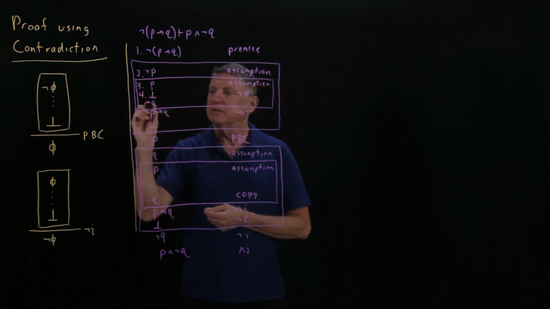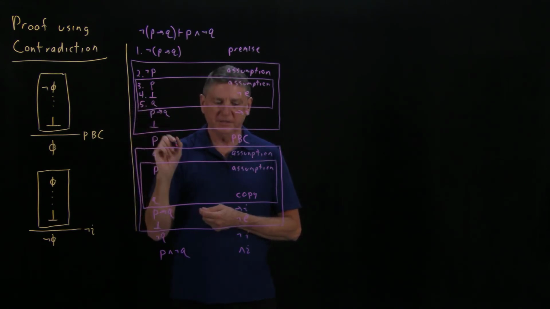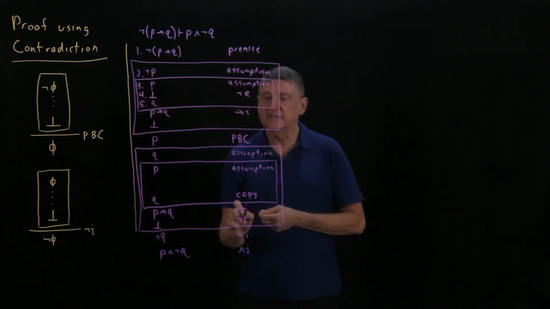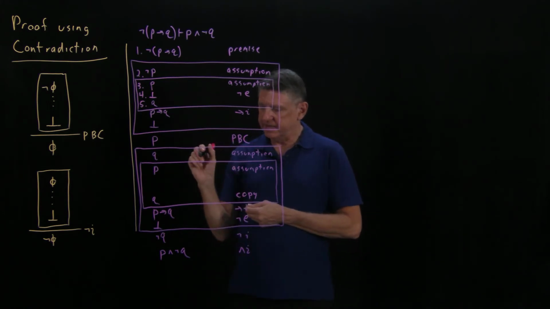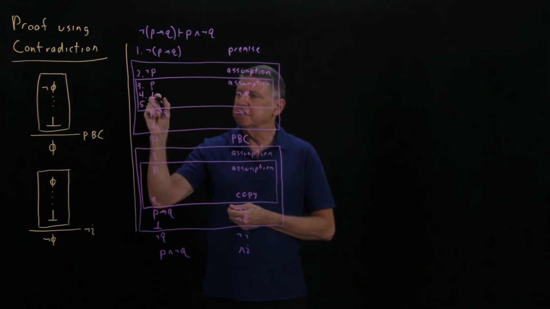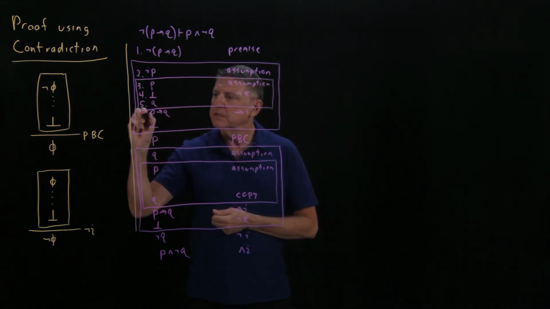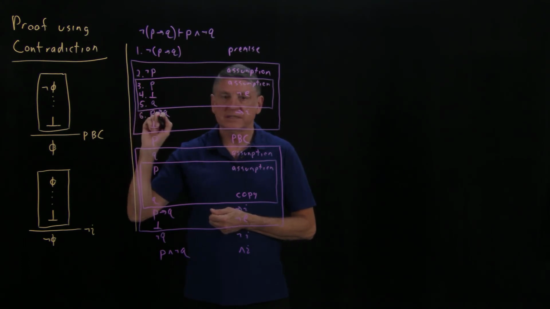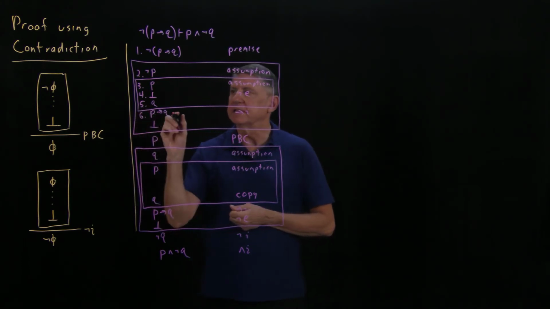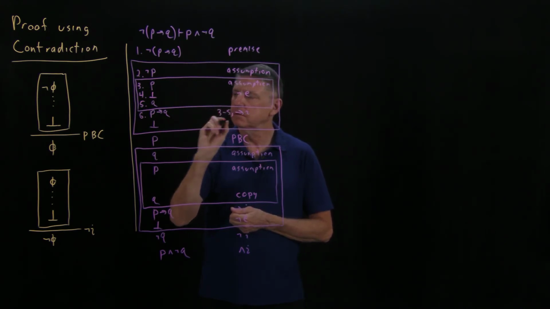Now I can conclude that that is line 5, and the reason is the same, so now this is my contradiction. So this is line 6, and line 6 follows from the reasoning of lines 3 through 5.